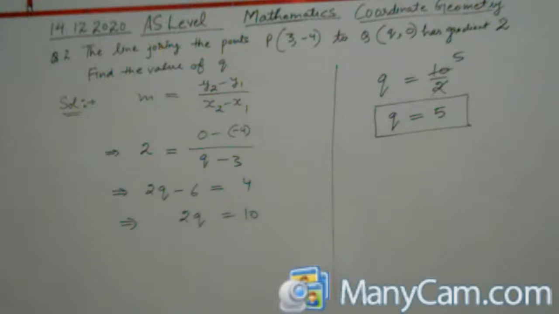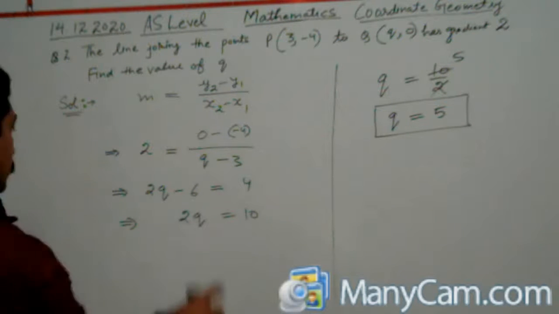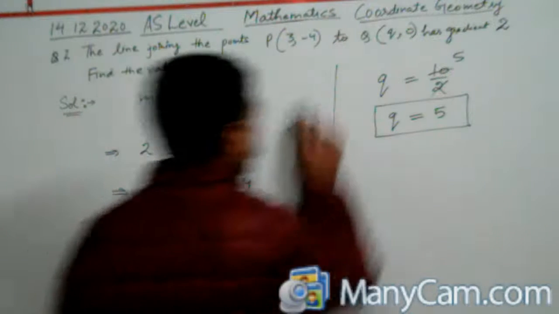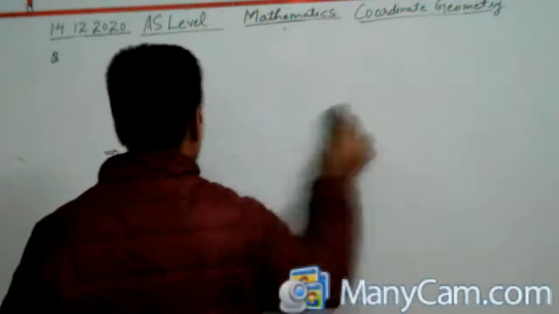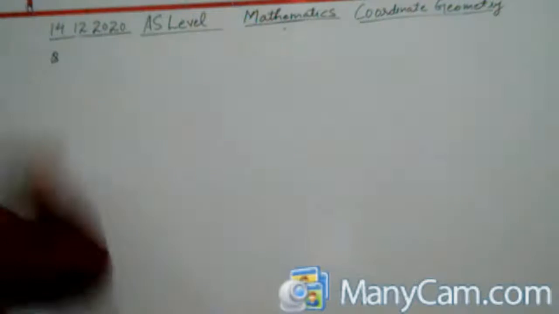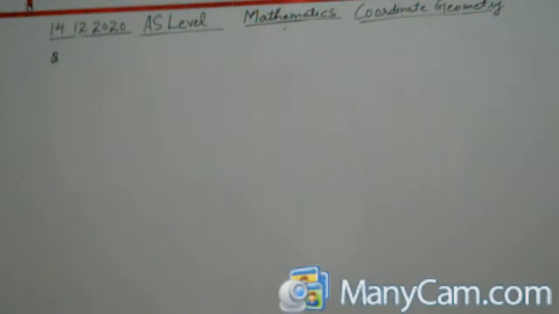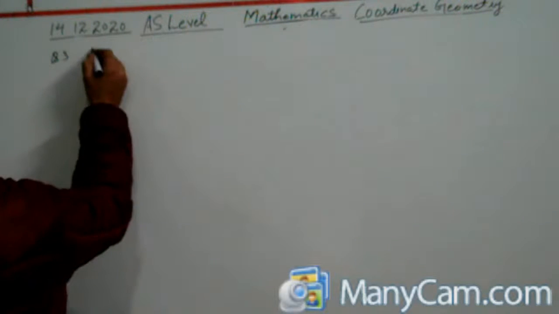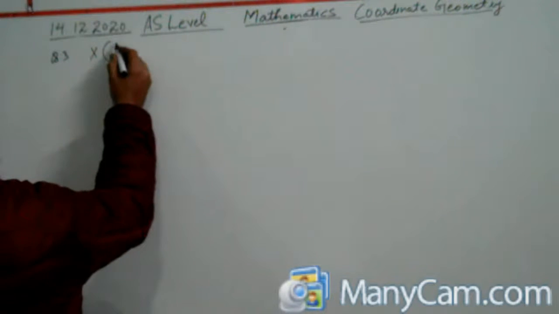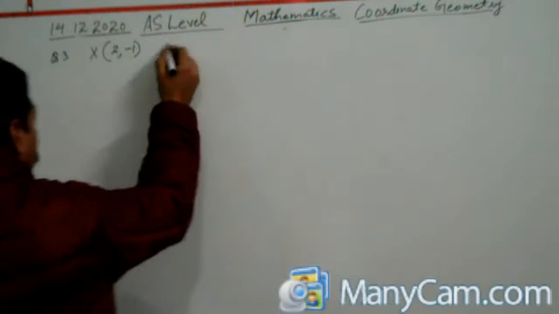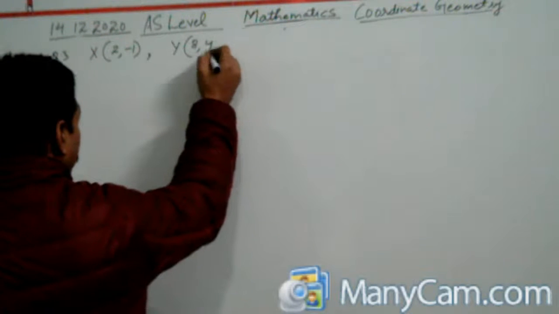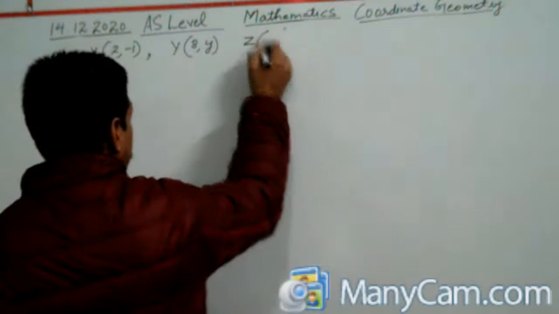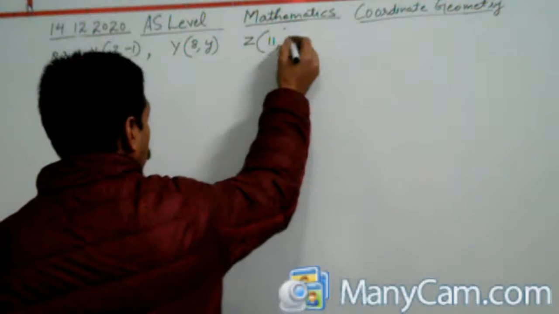In question number 3, 3 points are given: X, Y and Z. X coordinates are (2, -1), Y coordinates are (8, y), and Z coordinates are (11, 2).